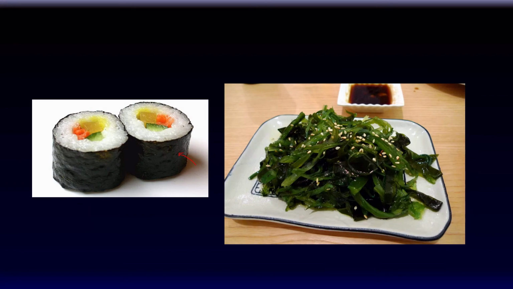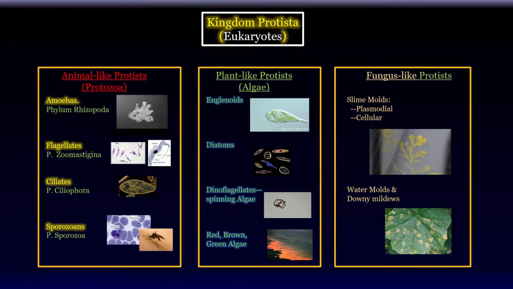They're used as ingredients in many foods. Sometimes they're used in Jello, apparently, because they give it the Jello structure. They're used for some medicinal purposes, etc. So they have a bunch of uses. They're not useless to us. In fact, they're quite useful. So that's the red, brown, and green algae. So that's the plant-like protists.